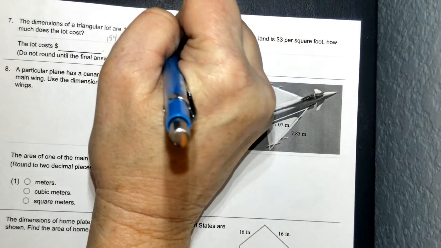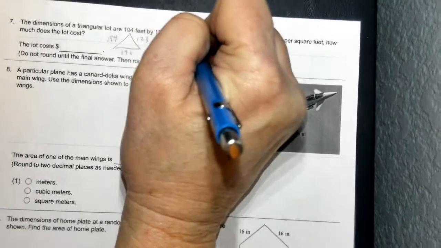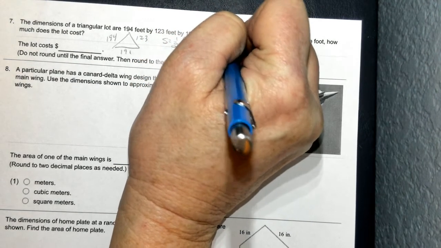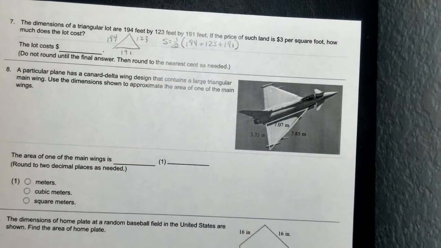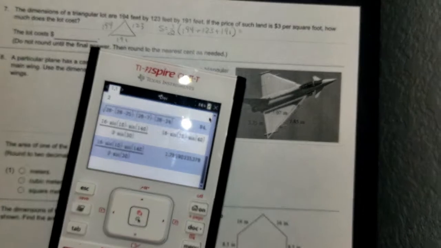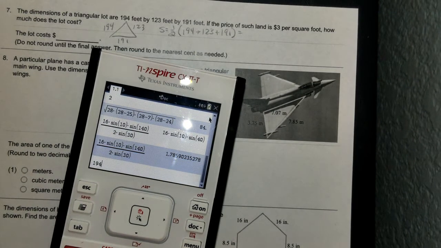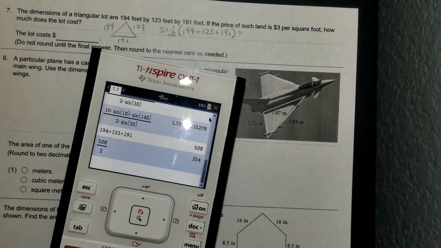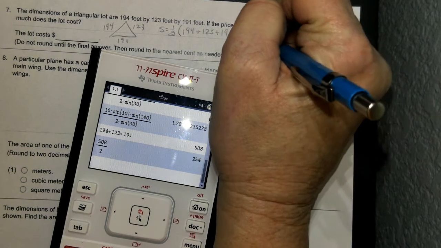So S is equal to 1/2 of 194 plus 123 plus 191. And that all equals 194 plus 123 plus 191 divided by 2. So S equals 254.